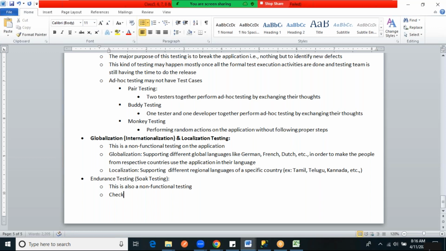Endurance testing is checking the performance of the application by keeping a certain amount of load for a longer duration, in order to check how long the application can sustain with the huge load.